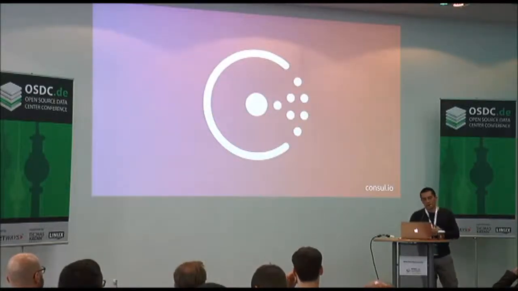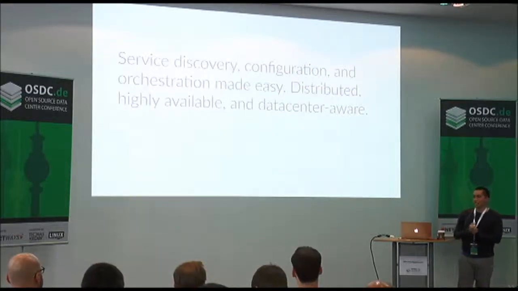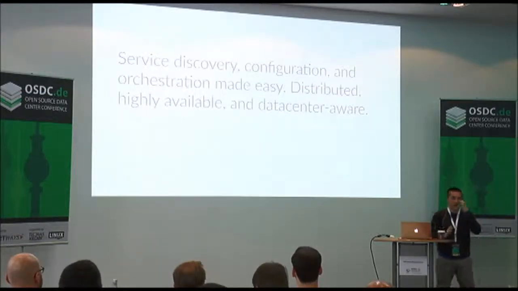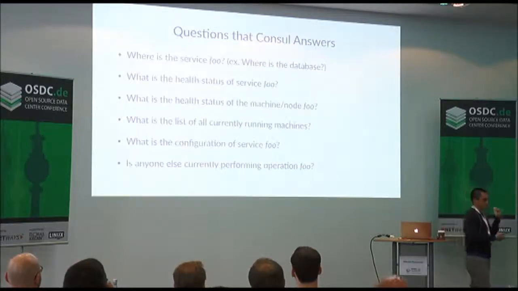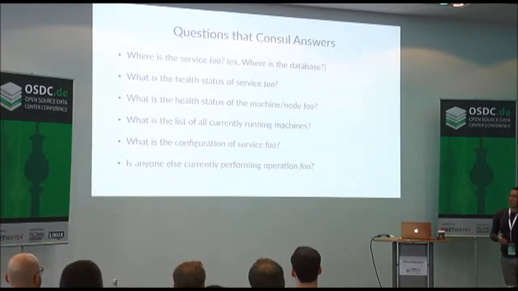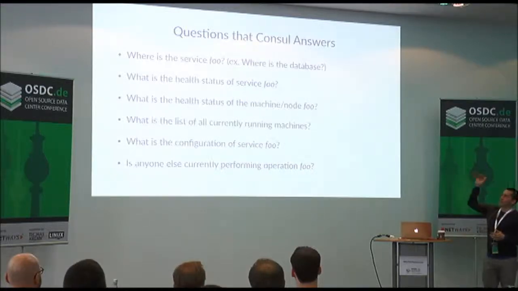Okay, so Consul, here's its one-sentence description. It's basically buzzwords separated by commas. So the practical thing, here's the things that Consul could actually do. Well, it could do everything in the previous slide, but here are the questions that you would practically be asked that it could answer. Where is a service? Is that service healthy?